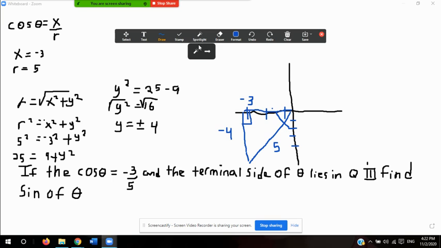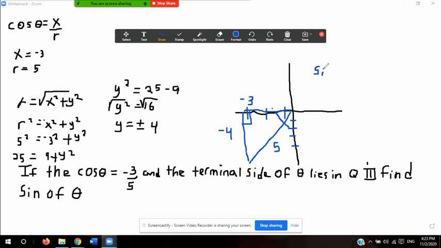So again, because it says that the terminal side lies in quadrant 3, which is this one, and from the table that I was explaining a minute ago, all of the trigonometric functions in quadrant 3 are negative except for the tangent and the cotangent, and the problem is asking me to find the sine of z. So now that I have everything, I just need to find the sine of z. Remember that the sine of z is y over r.